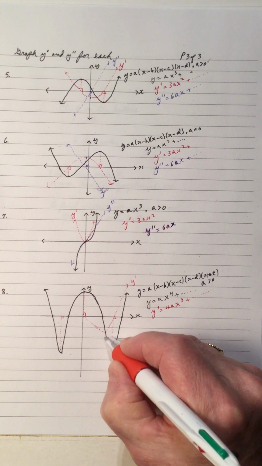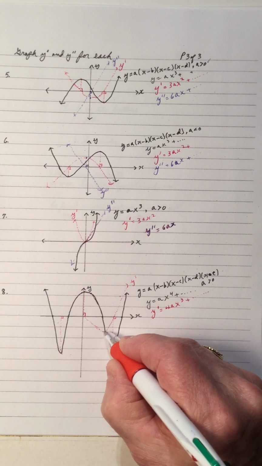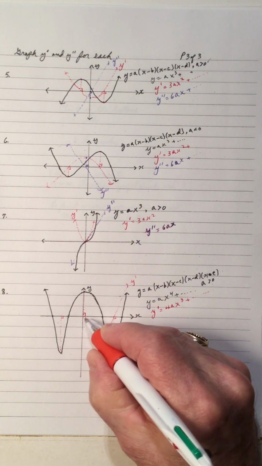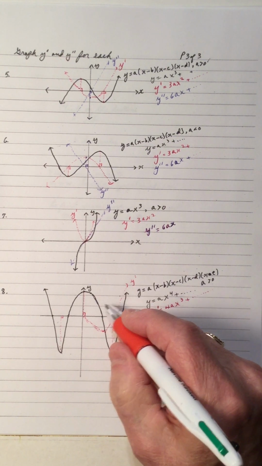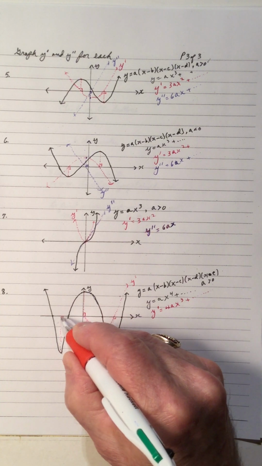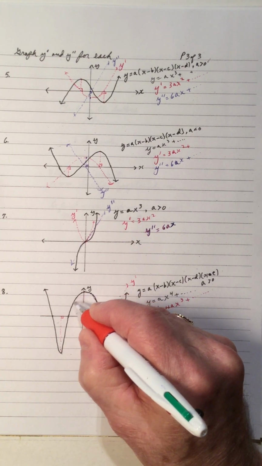So all these values of x that's on this curve here, here's the slope. And again, it's not a perfect cubic, but from this point to this point, the slope of this curve is positive.